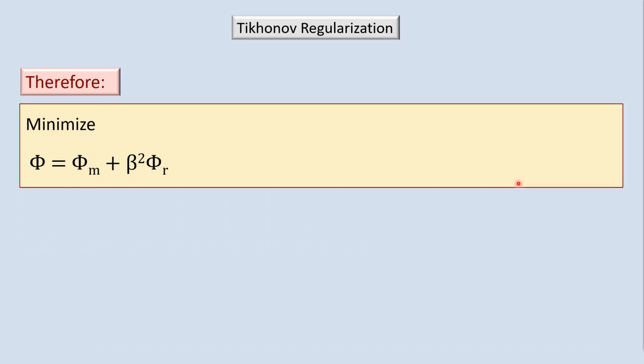So how do I do this balance then? I do this by incorporating a new variable, beta squared, into the objective function that I minimize.